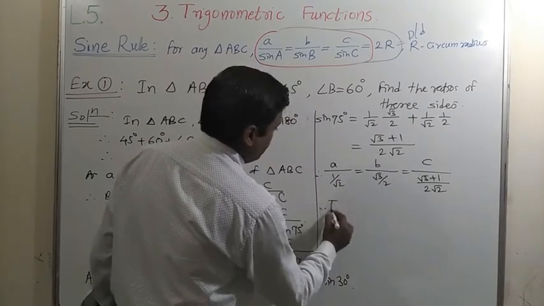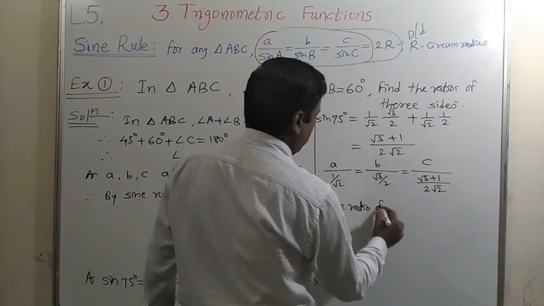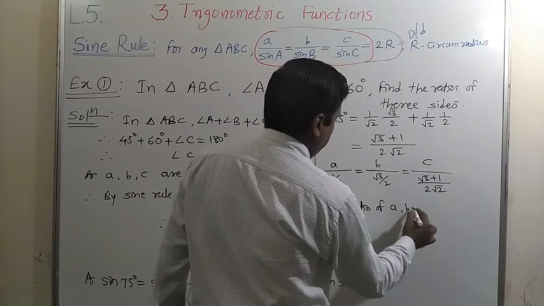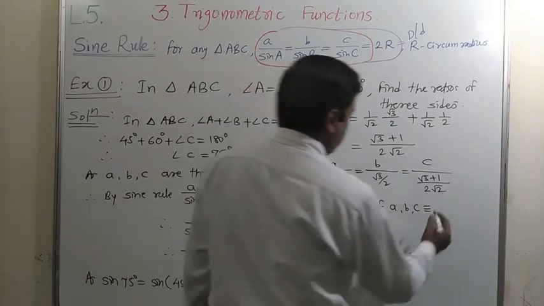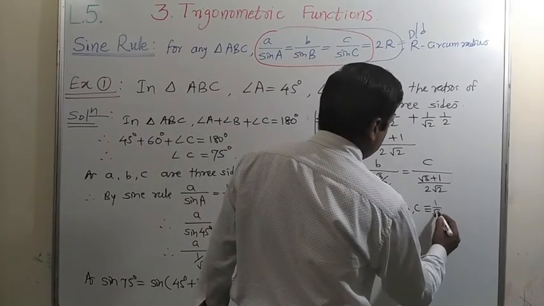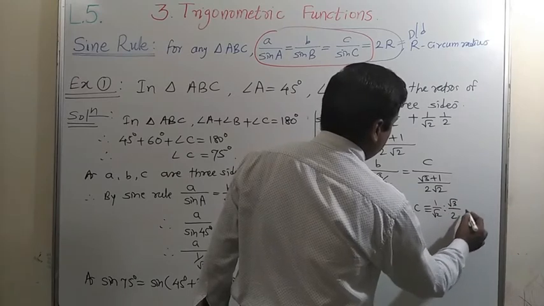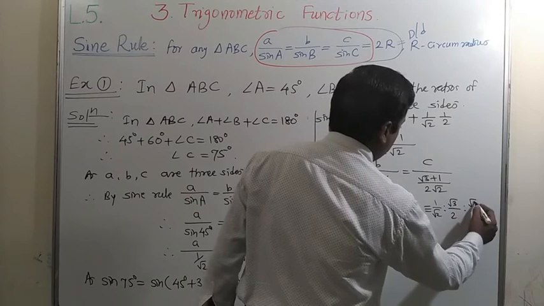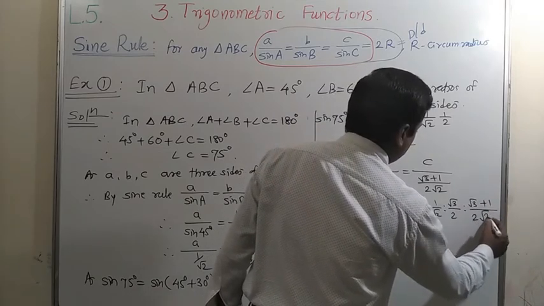Therefore the ratio of a, b, c is 1 upon root 2 is to root 3 upon 2 is to root 3 plus 1 upon 2 root 2.